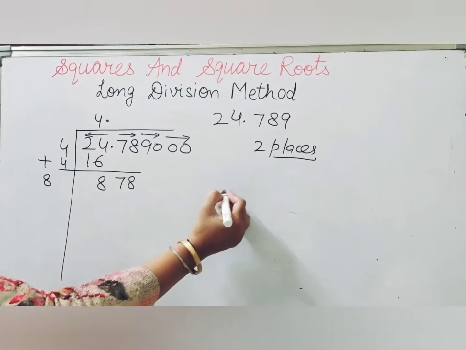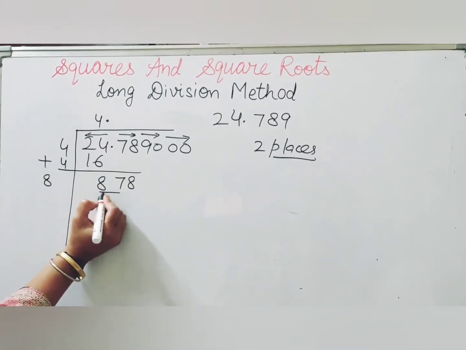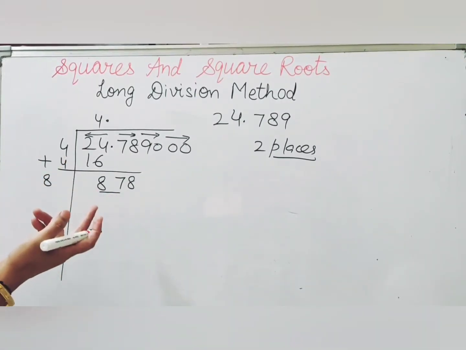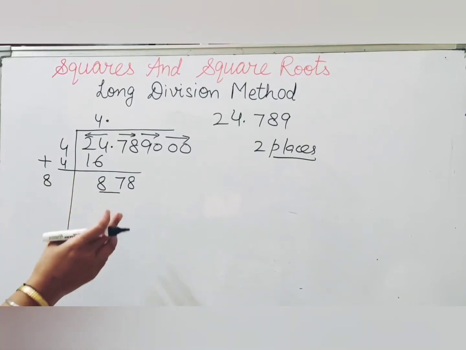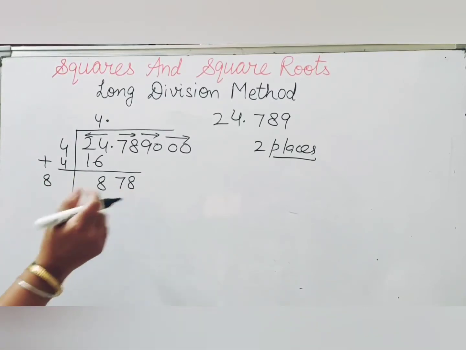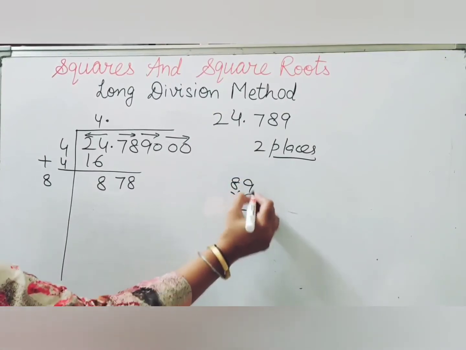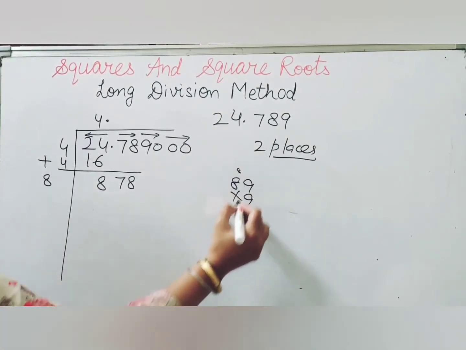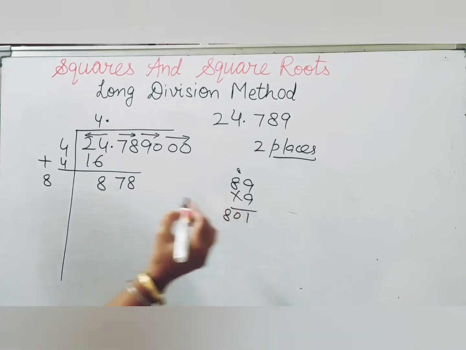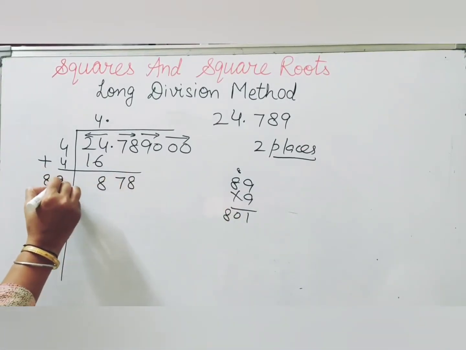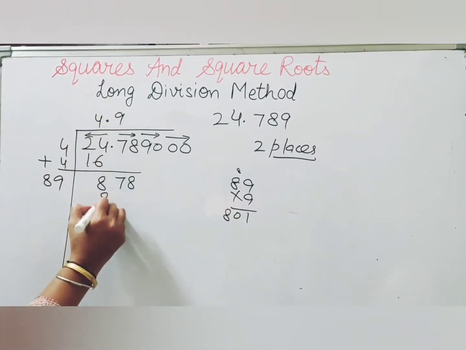We know that 8 nines are 72, and here the first two digits are 87. If I take 9, that would be near about 87. Let me check. It is 801. So we will take 9 and 9, that is 801.